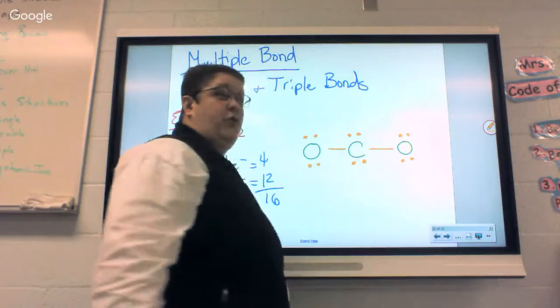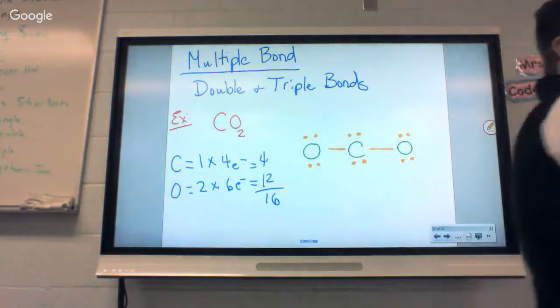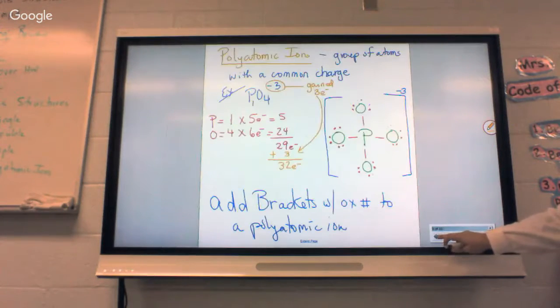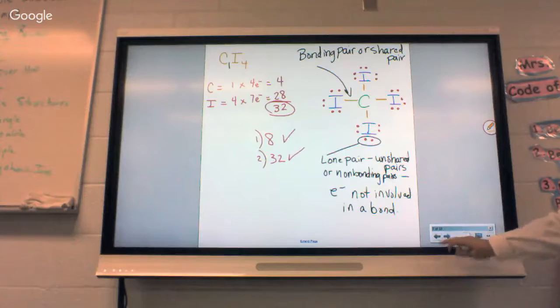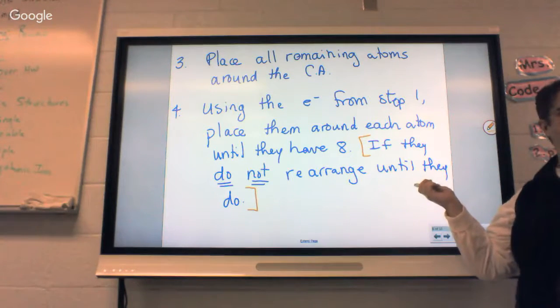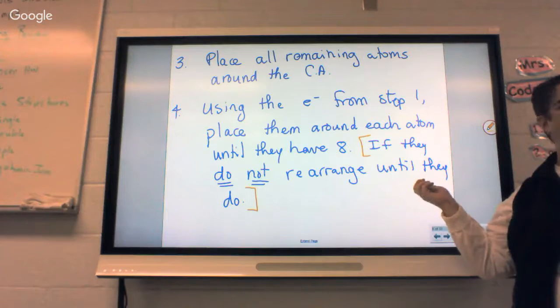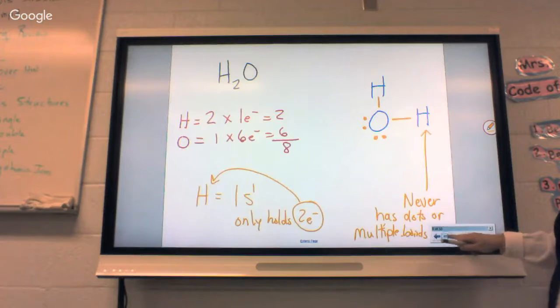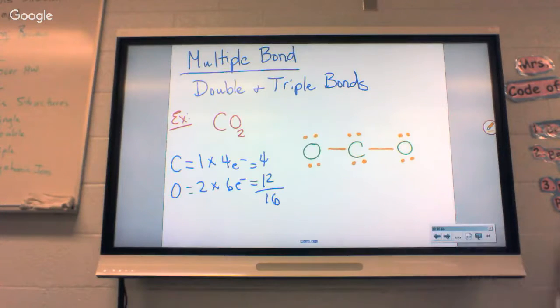Now, this is the first one we've had where there's a problem: everybody doesn't have 8. This is where we go back to my steps that I put in brackets. We cannot add any more electrons.